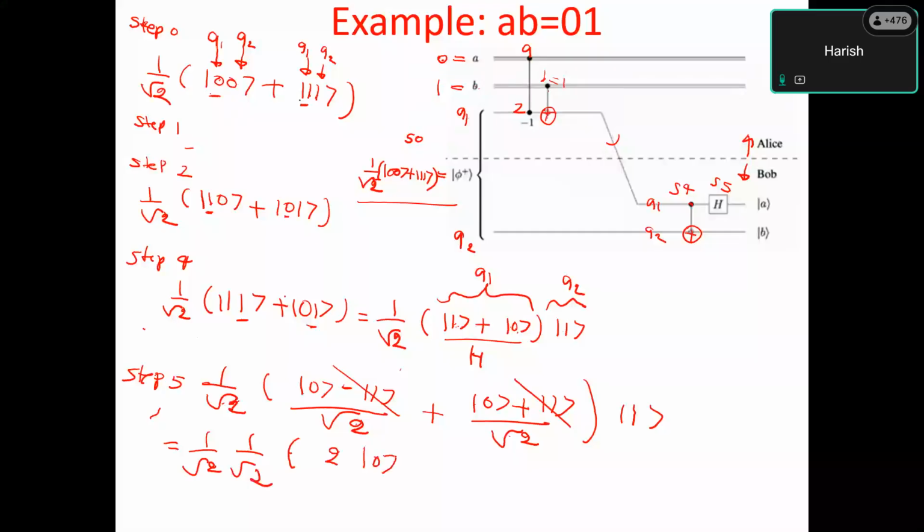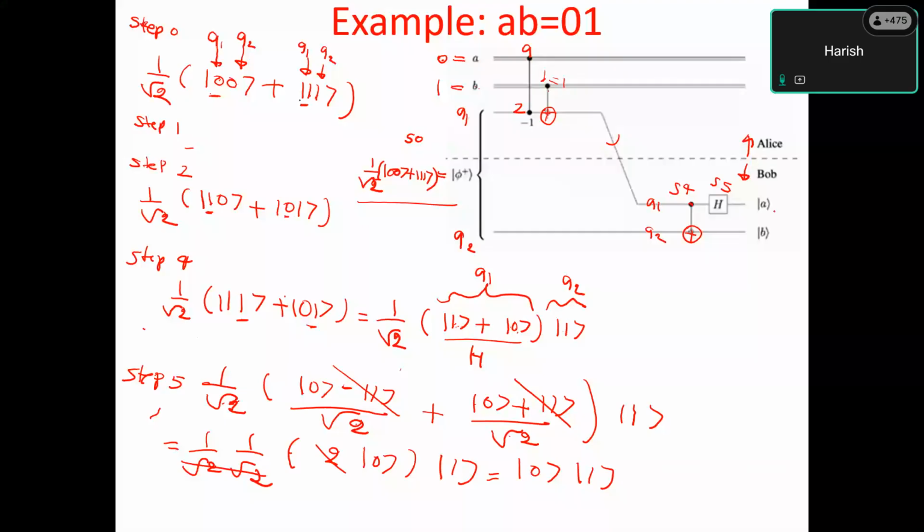So it is twice of 0. And this square root 2 into square root 2 is nothing but 2. So it is cancelling out. So what we are left with? 0 and 1. And this is the information basically, our A and B we wanted to send.